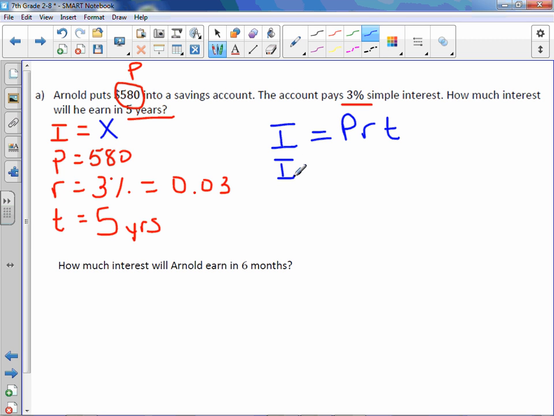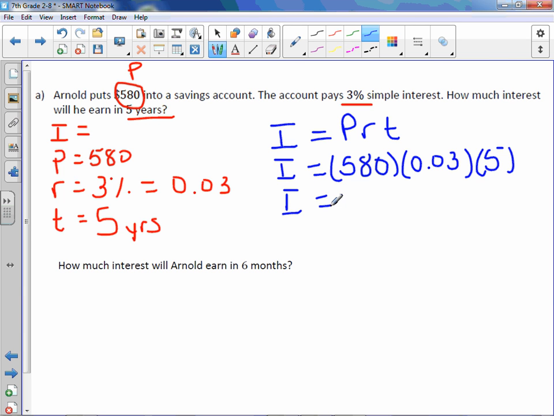I'm going to actually leave this as I. So let me erase this over here. They're already variables, so there's no need to change them. Equals 580 is the principal. The rate as a decimal is 0.03. And the time is 5 years.